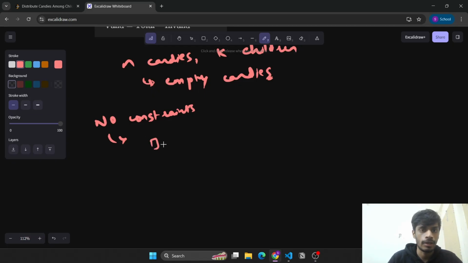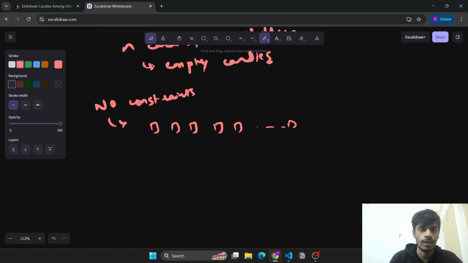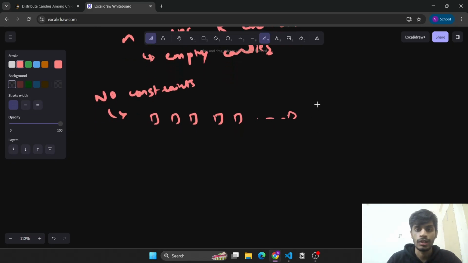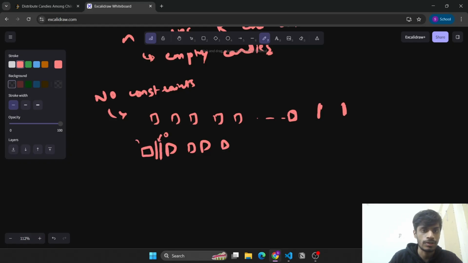Like we have n candies here, and you might have studied in 11th and 12th, you generally try to place k minus 1 walls in between those candies, right? But here as we can see, a particular child can get 0 candies as well. So these two walls can exist together also. So if the second child gets 0, first child will get this and third child will get this.